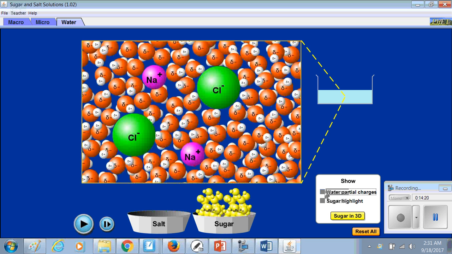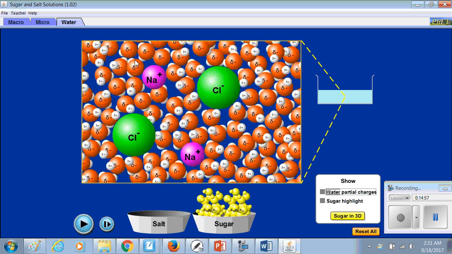So water is a polar molecule, and if you've never heard that term, don't panic. Polarity just means that a molecule has a slightly positive end and a slightly negative end, and it has to do with the periodic properties and electronegativity. For right now, all I need you to know is that water is polar, and the oxygen is going to pull with more force on the shared electrons between the hydrogen and the oxygen atoms.